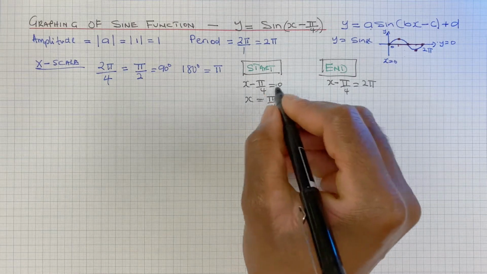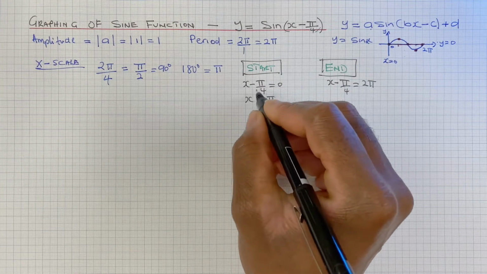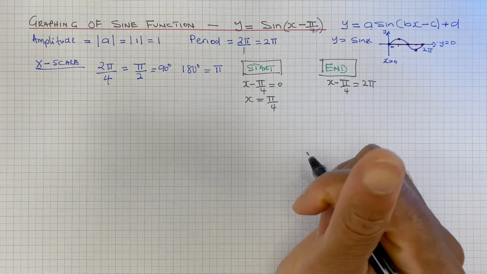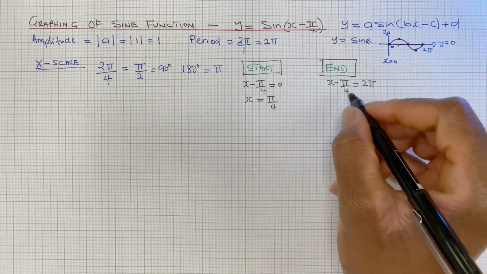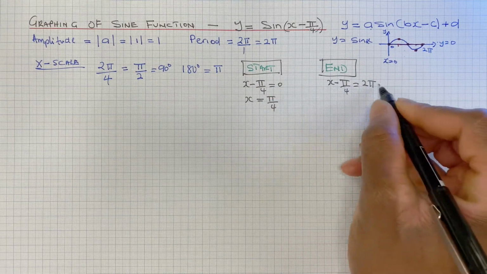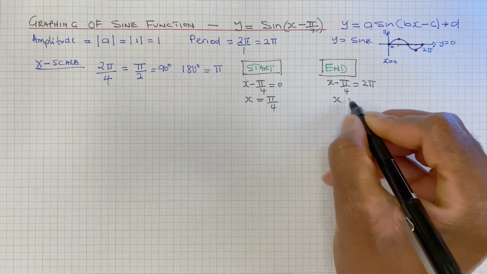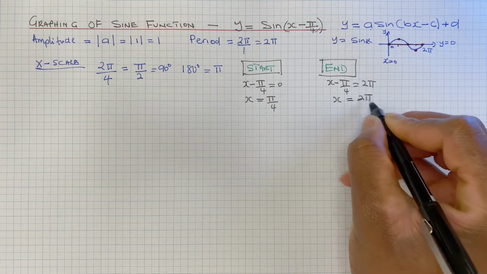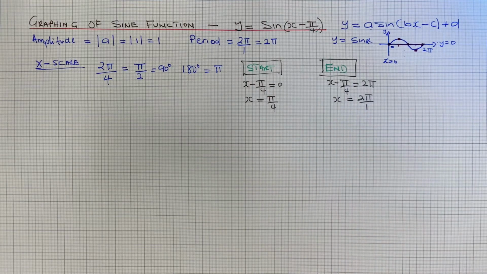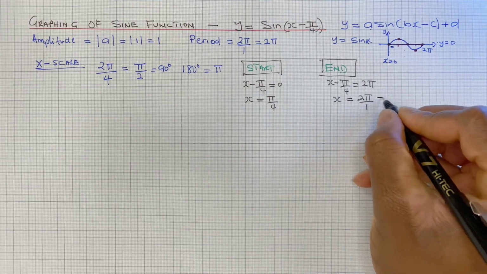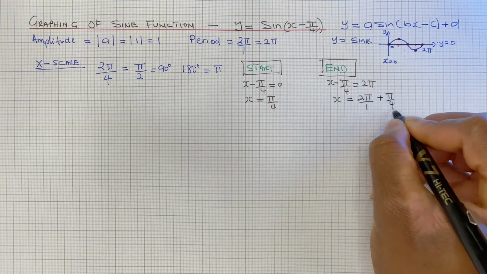We add pi over 4 to both sides, or you move pi over 4 to the other side, that'll become plus pi over 4. Here, we add pi over 4 to both sides, and you get x equals 2 pi over 1, that's over 1 by the way, plus pi over 4.